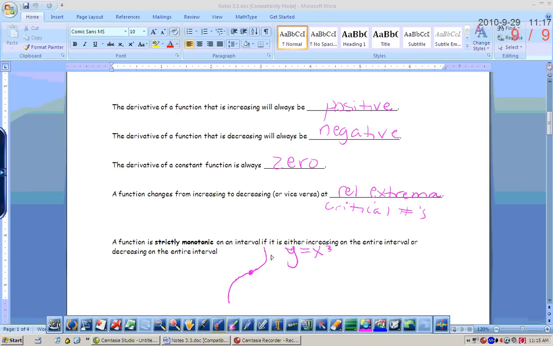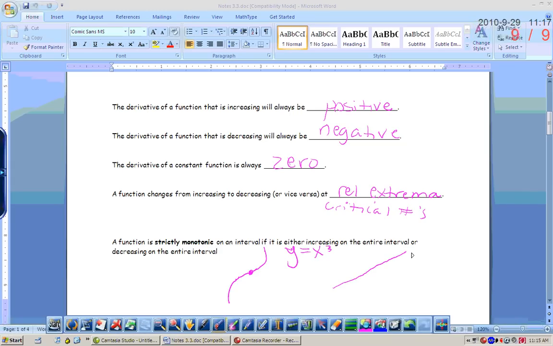That's strictly monotonic because it's increasing on its entire domain. Or a straight line right there. Okay, y equals x cubed.